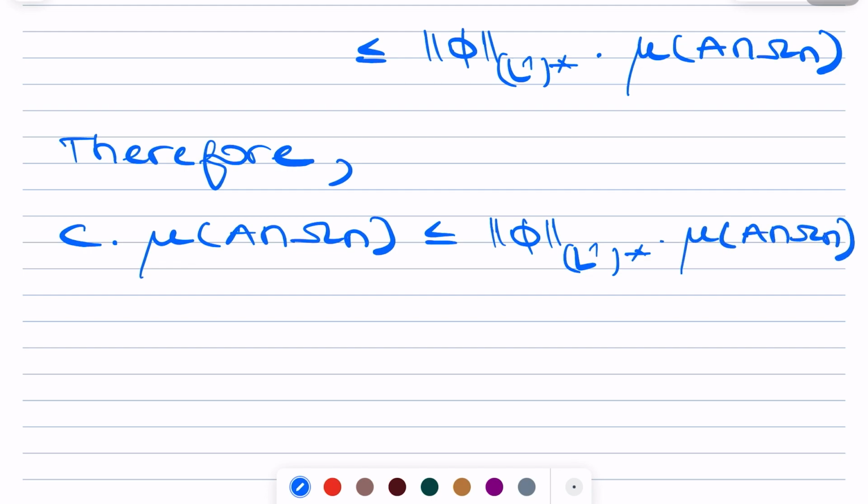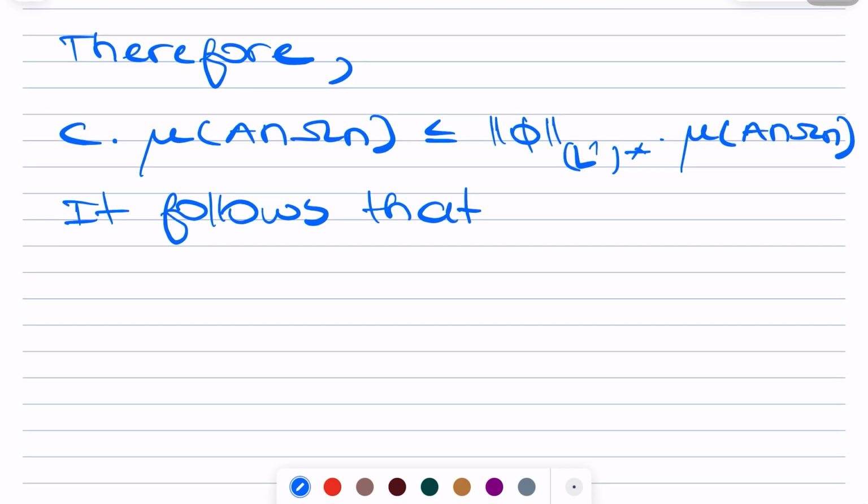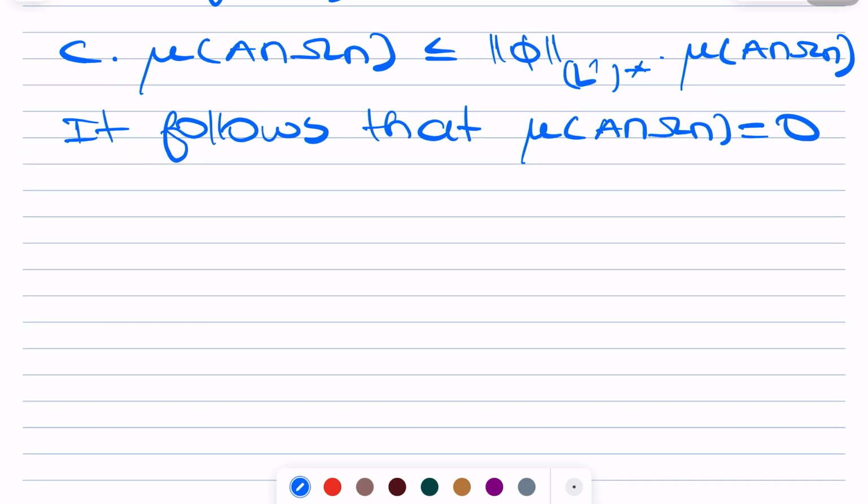So it follows that the measure of A intersected with omega n is equal to 0, and of course for every n.